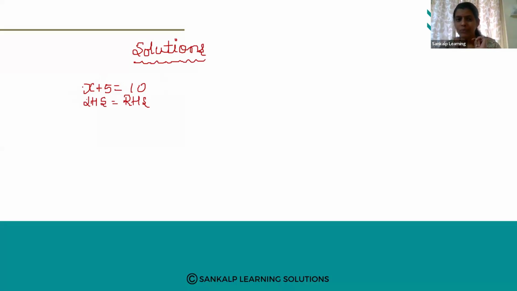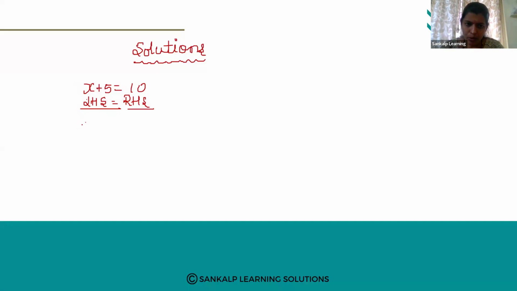It becomes equal when you substitute some value for x such that LHS and RHS are equal. That value of x we call a solution of that equation.